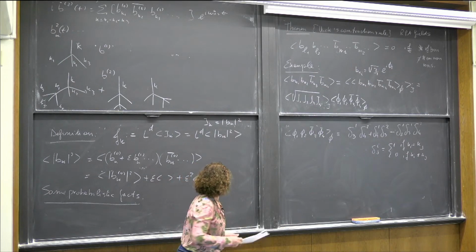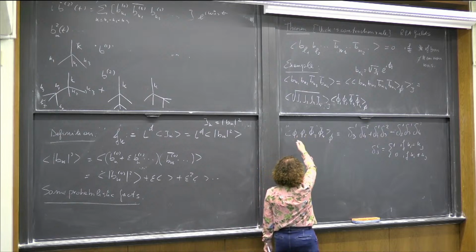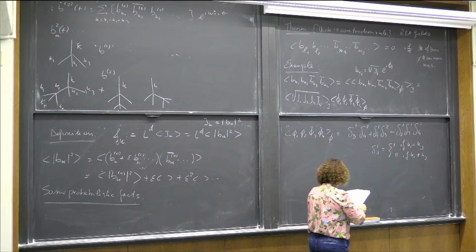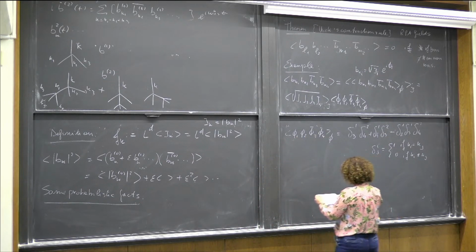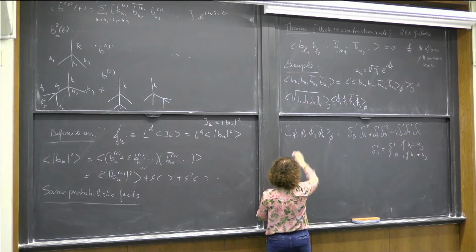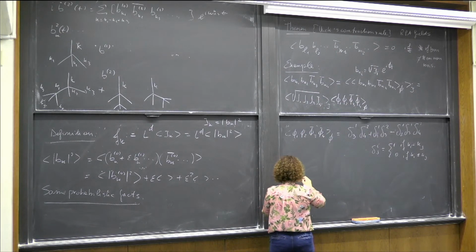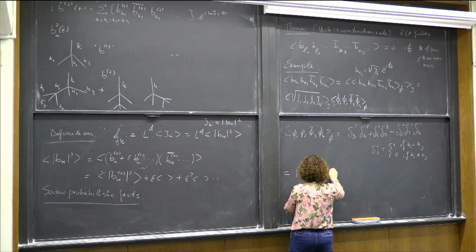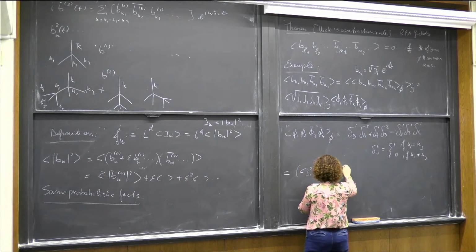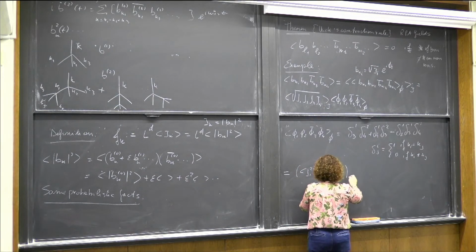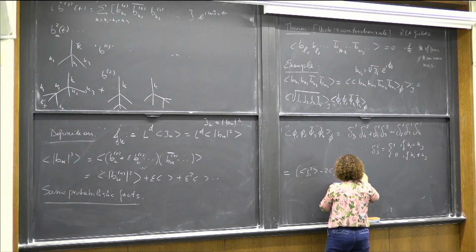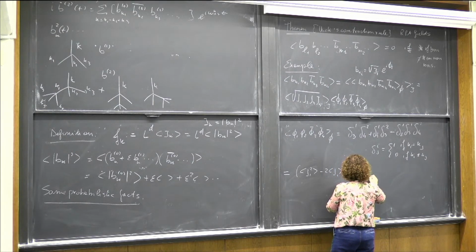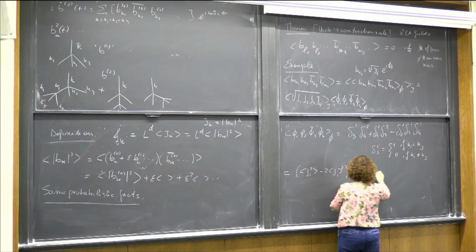Then at the end of the day, my claim is this whole calculation should give you J1 squared minus 2 J1 squared outside, of course, and then delta terms.